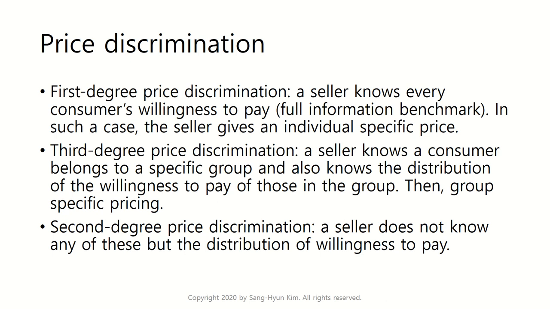He categorized price discriminations in this way, and as you can see, the second degree price discrimination requires the least amount of information, and in this situation there is a clear asymmetric information about the buyer's willingness to pay. So we want to focus on the last case, the second degree price discrimination.